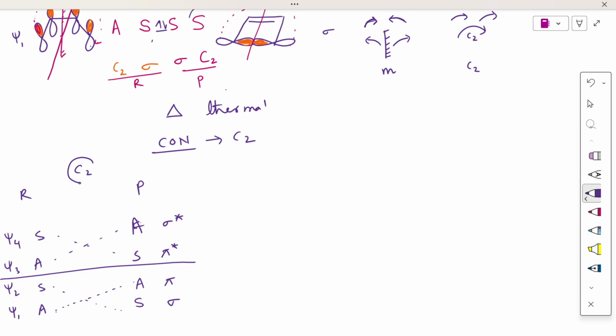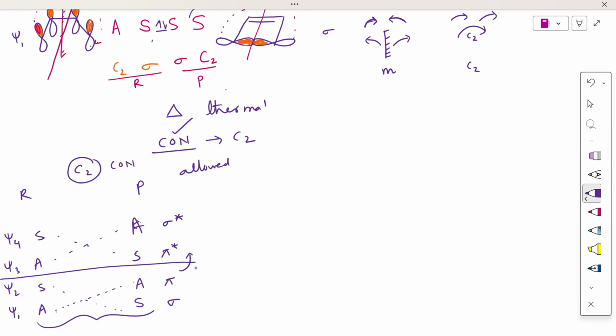If I consider the C2, that is the con rotation, so under thermal condition, the con rotation is allowed. See, there is no crossover, and the orbital symmetries are matching in the lowest energy possible. So they are not crossing over the HOMO-LUMO gap.